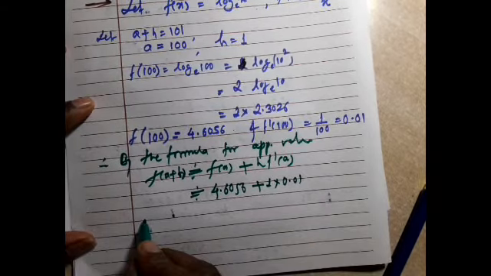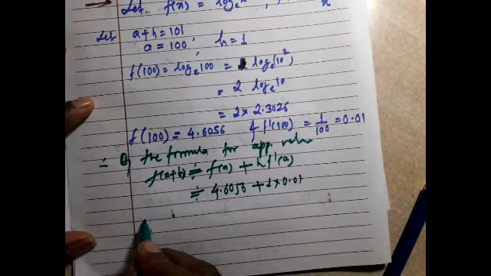Log 10 to the base e can be changed with the help of this formula: log 10 to the base 10 divided by log e to the base 10. But log 10 to the base 10 is 1. That's why we can write it like this. It is a denominator, so it is coming up. And this is nothing but 0.4343 into log x. This is f of x.